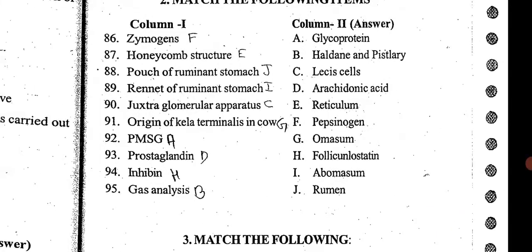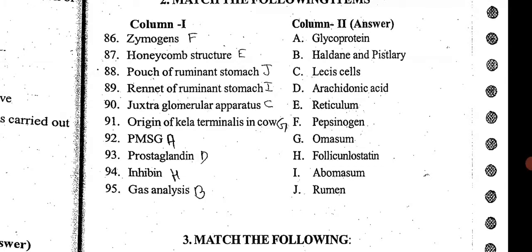Pouch of ruminant stomach is the rumen, as the food, the forage, for the first time is stored in rumen, and then it is regurgitated, and then it is processed and converted into its simplest molecules, such as carbohydrates, monosaccharides.